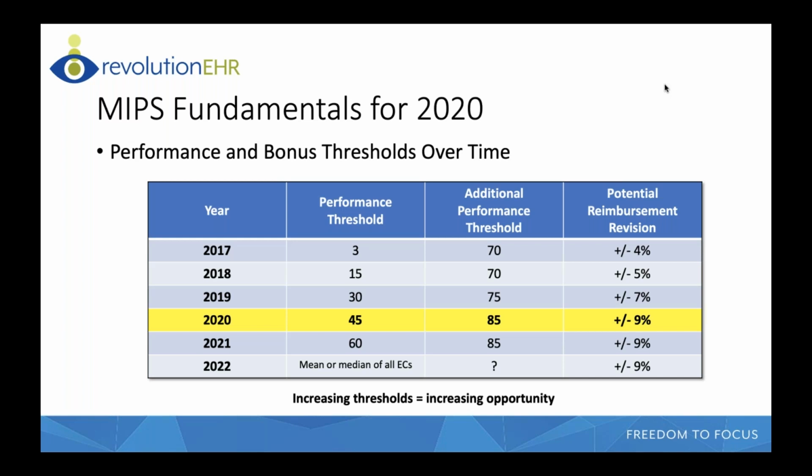How am I going to keep up with this stuff? But keep in mind that increasing thresholds increase the opportunity for increased reimbursements in the future. Remember, it's a comparative program. You are compared to how everyone else does in the program. So as the requirements get more challenging for everybody else, it really stands to benefit those people who understand what needs to be done and execute on truly what needs to be done.